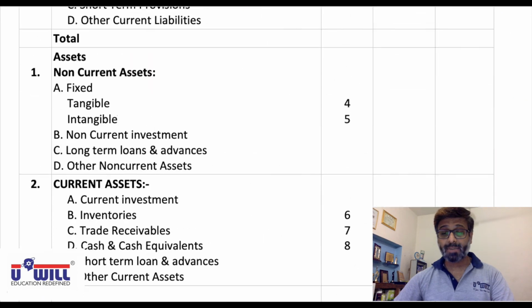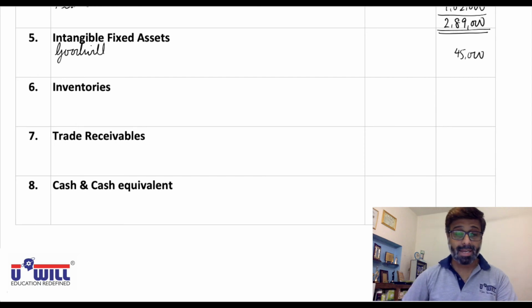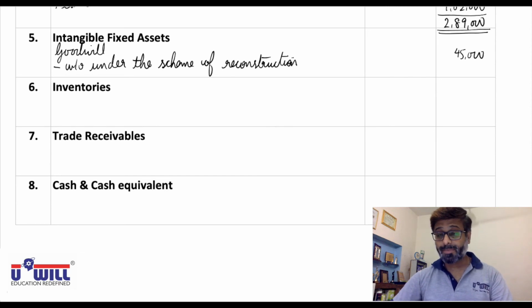For fixed assets, we will show the amount written off for 5 years. Goodwill is a fixed asset. So goodwill 45,000 minus, we will write this language, written off under the scheme of reconstruction, minus written off under the scheme of reconstruction, 45,000.